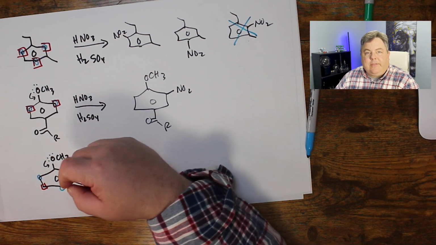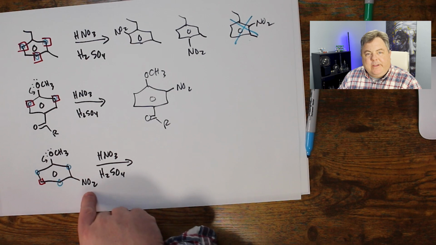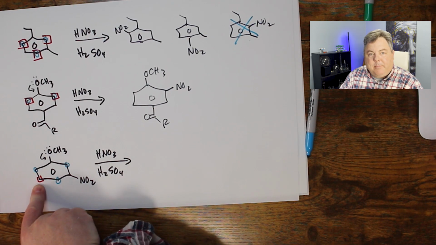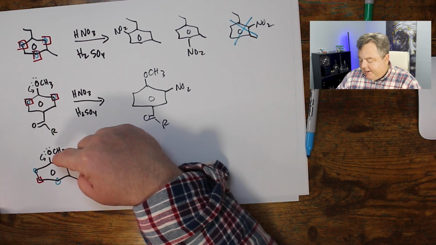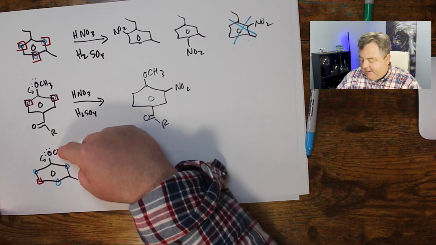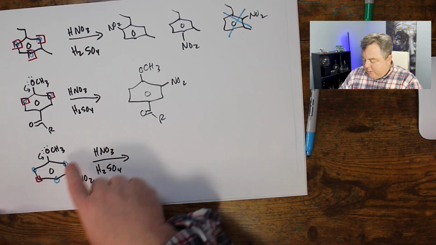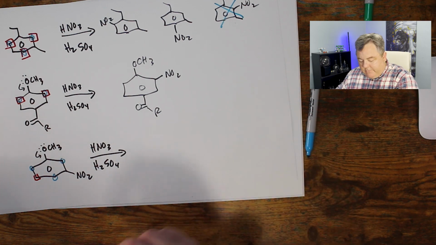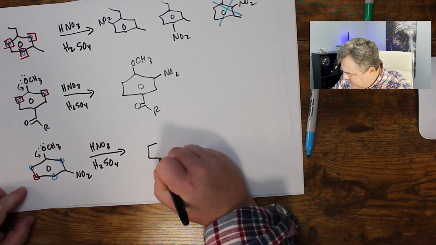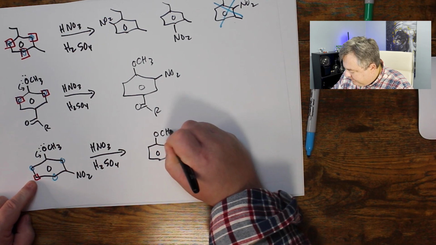Well, let's see if we can think through this. This one is a deactivating group. It reacts very slowly at that meta position, but it will direct it there if it has to. This reacts very fast because it's activating. So these spots react very fast, while this one reacts slow. So it'll direct it to the blue spots more than that red spot. So if I draw my product, we'll put the NO2 group on that spot.